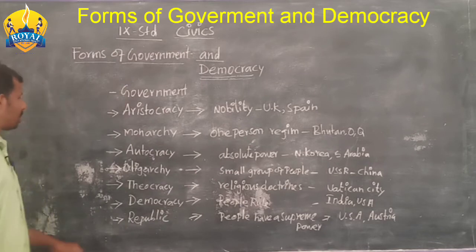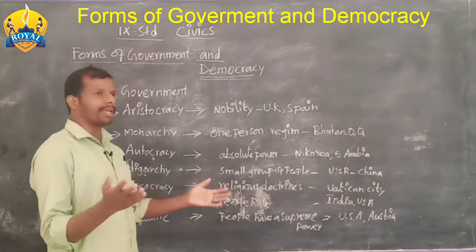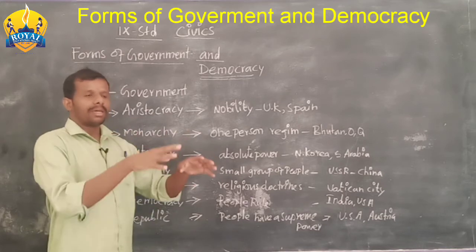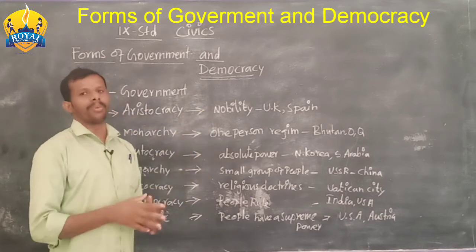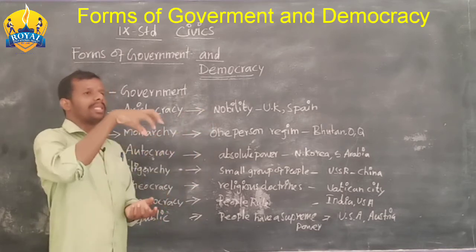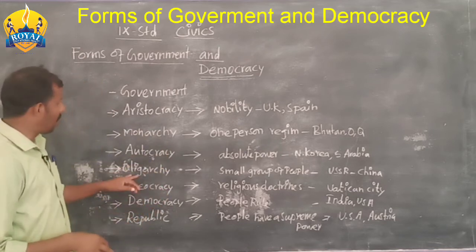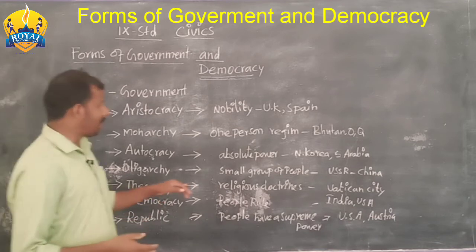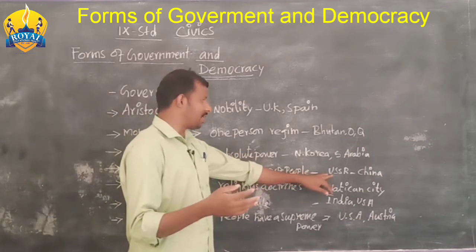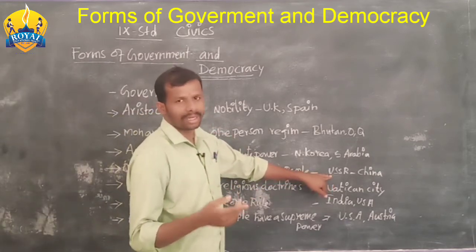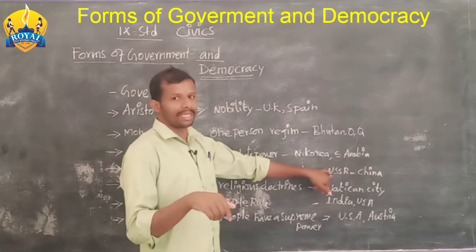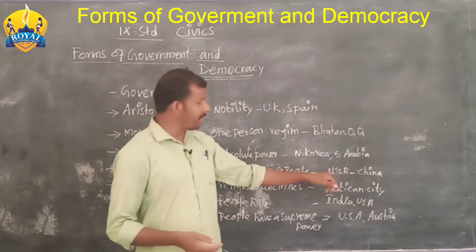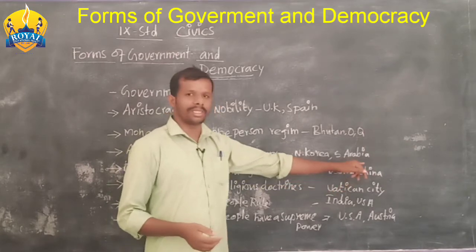Next, oligarchy. Oligarchy means group rule. Group rule means not among many people, but very few people who discuss among themselves and rule the country. That is called oligarchy. The oligarchy form of government once existed in the former USSR, nowadays called Russia, which was once called USSR, the Union of Soviet Socialist Republics.